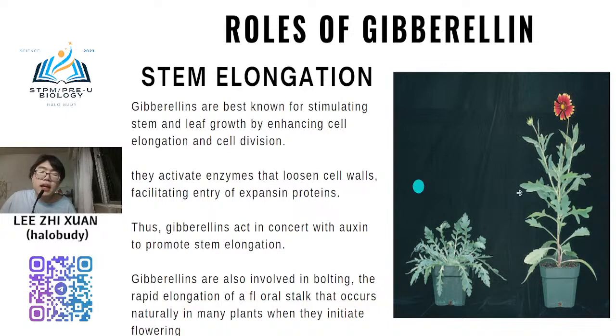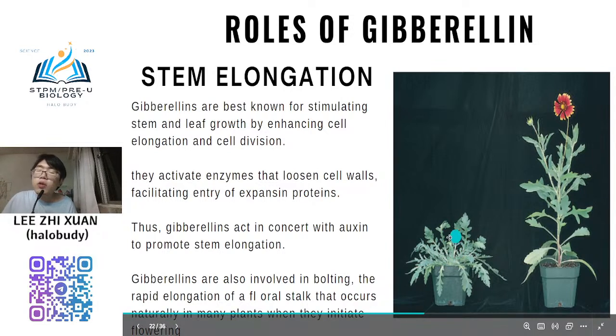If you compare to auxin, auxin also plays the role in cell elongation. But auxin is found majorly in the bud of the plant. Either it accumulates at the bud of the shoot or at the root bud, the meristematic cells. But gibberellin provides the stem elongation. So you see this diagram.